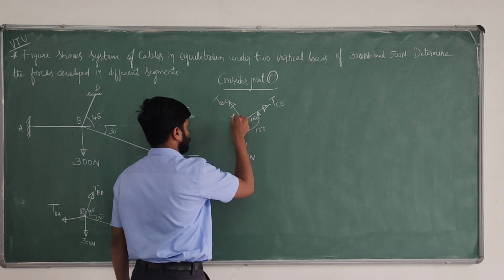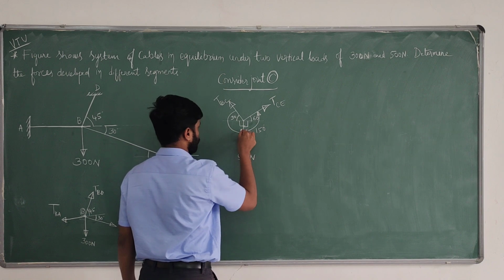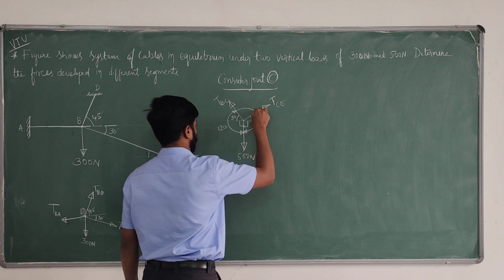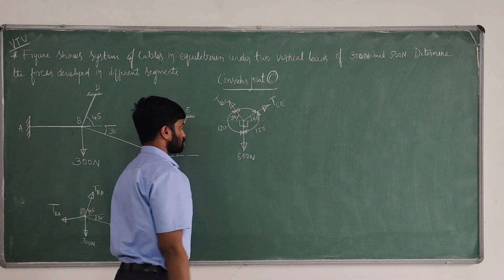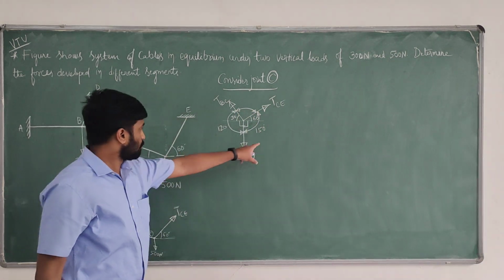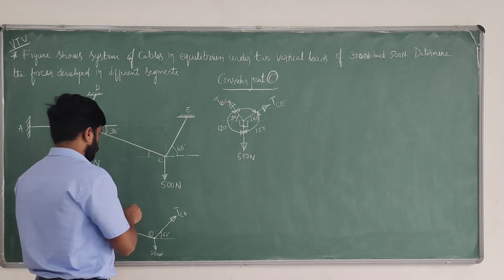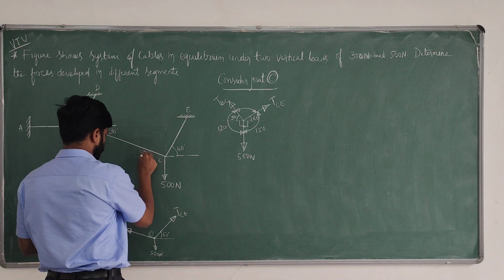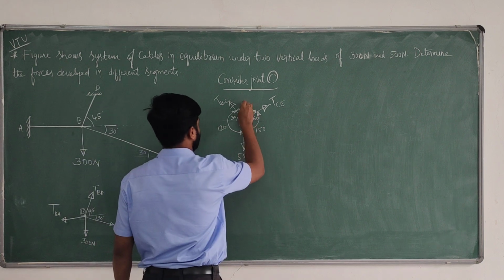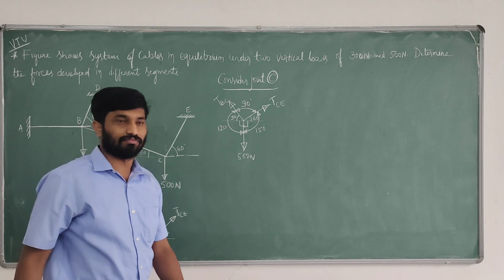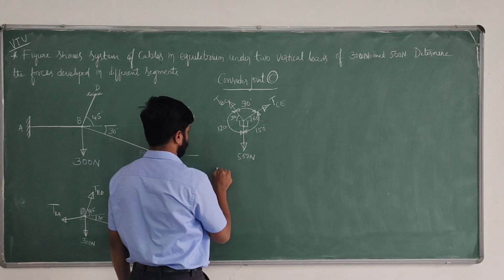Take this as 90, 90 plus 30 is 120. What is the remaining? 360 minus 120 minus 150 is 90. So we can easily apply Lami's theorem.